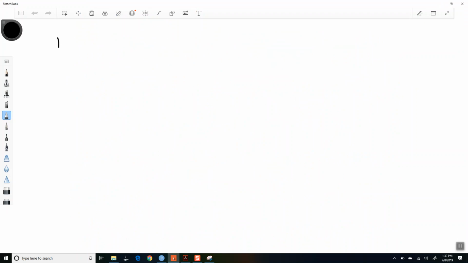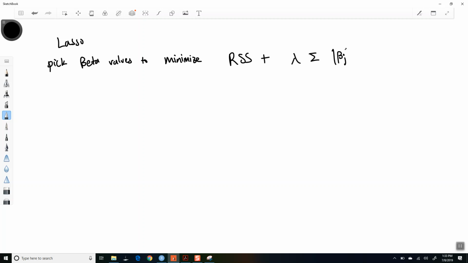So the lasso says pick beta values to minimize basically RSS plus the sum of the absolute values of the betas, okay?